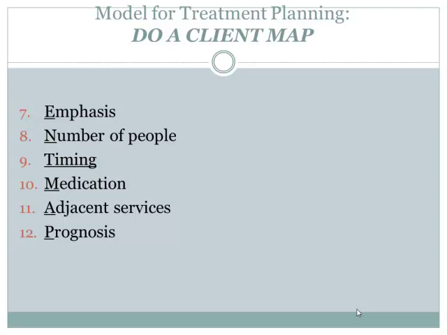So emphasis has to do with the particular areas that you will be treating related to the client, and they should determine how that approach will be adapted to the particular needs and personality of that client.